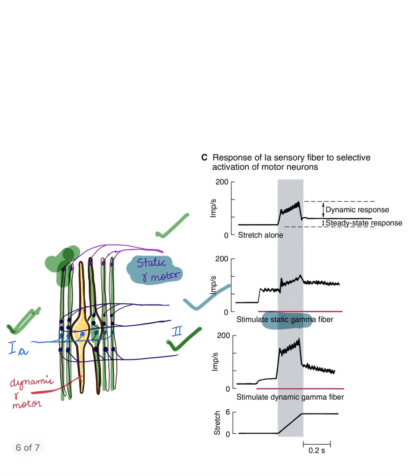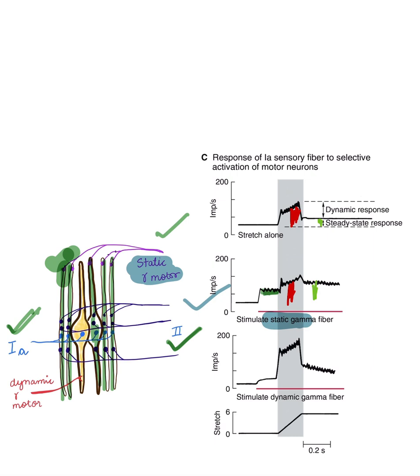On the graph, we are going to see before stretch also our 1A activity is increased, but now on comparing with the previous graph, there is not an increase in dynamic response, but yes, steady response is increased.